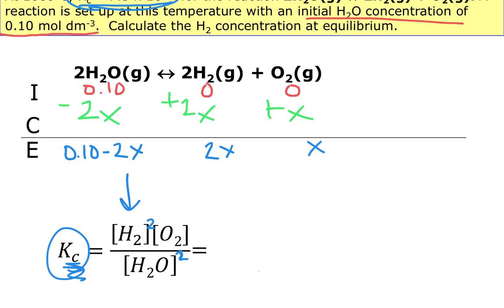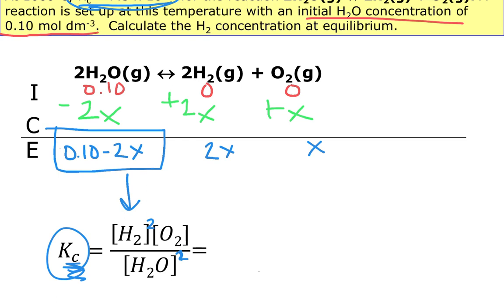Now here's the shortcut. We are able to basically assume that the x in relation to 0.1 molar concentration is essentially negligible because the Kc is very small. And I mean double-digit negative exponent small.